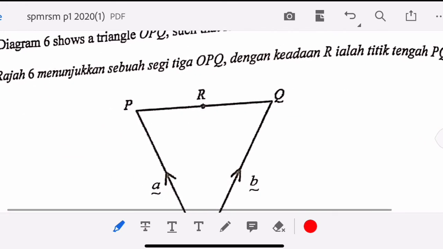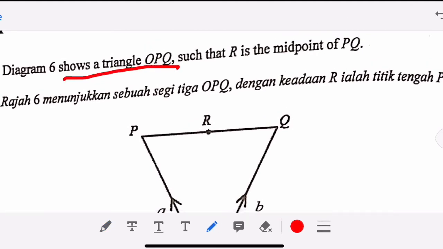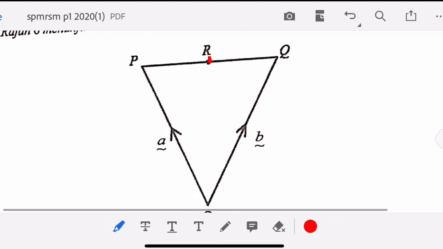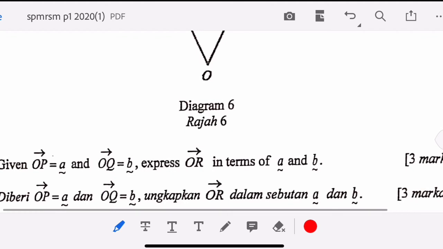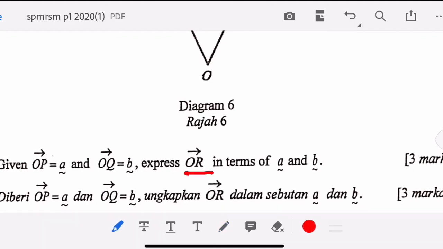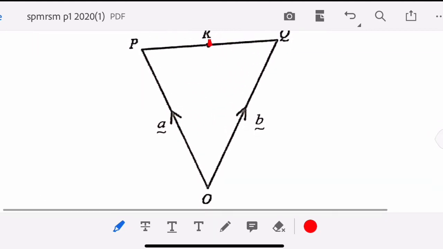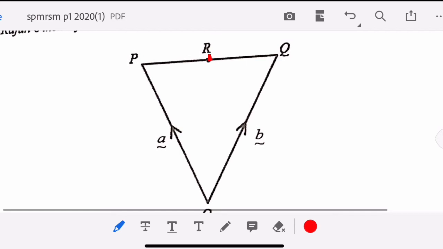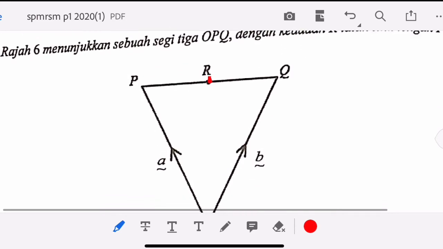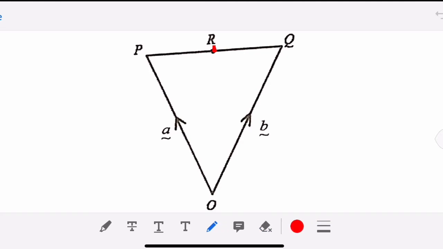Let's go to number 15. Diagram 6 shows triangle OPQ such that R is a midpoint. Okay, so now we are asked to find the OR in terms of A and B. OP is given, OQ is given, and R is a midpoint. So now I have to find the vector PQ.